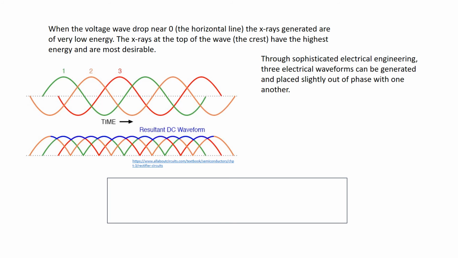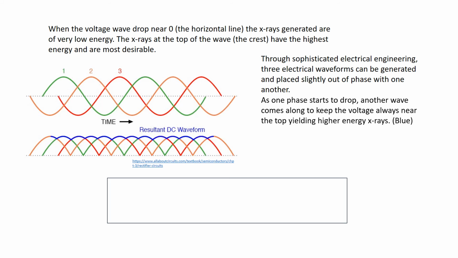And this is what the bottom drawing is trying to show you. You're starting in red at the horizontal line. You work up to a peak value, peak voltage. It starts to drop down. The next one comes along, picks it right back up, the blue. It starts to drop down. The next one comes, picks it back up. So look at the blue. You're staying up near the top of the voltage waveform.